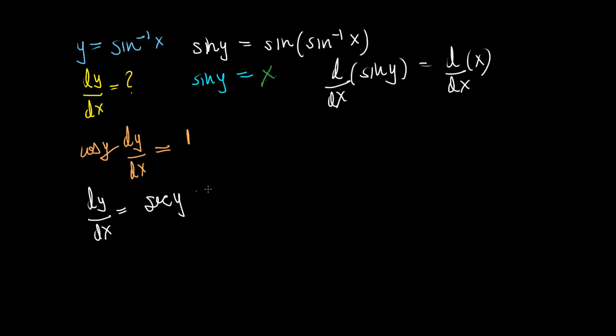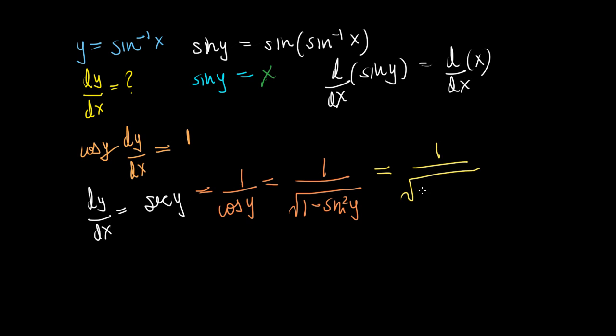Well, we can write secant of y as 1 over cosine of y, and cosine of y as the square root of 1 minus sine squared of y. That is just the basic trigonometric identity. Now this will become 1 over the square root of 1 minus, since sine of y is x, x squared.